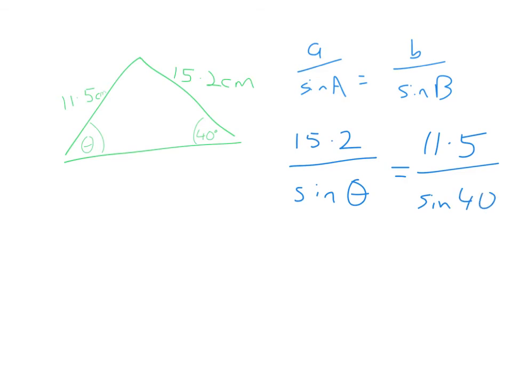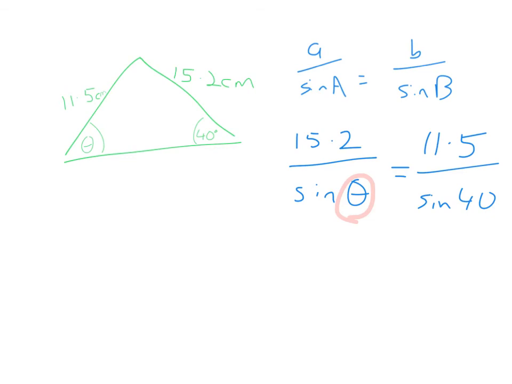So again, we're in a pretty good position to solve this because we have one unknown, which is theta, and we have an equal sign. So we know 15.2, we know 11.5, and we can figure out what the sine of 40 is. So we really only have one unknown and it equals, so that means we know we can solve it out. Let's start simplifying this a little bit. We'll just get the sine of 40 degrees.